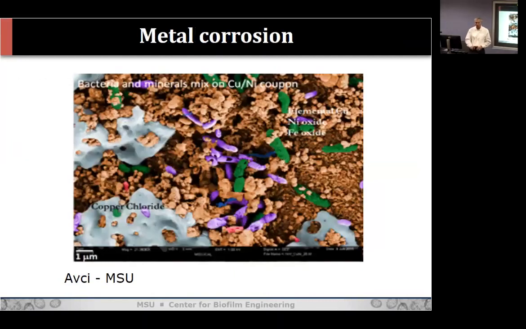as is the problem of microbially influenced corrosion. Here we're looking at the association of microbes with a metal surface. The image I'm showing you here is not a fluorescence or light microscope image. It's a colorized scanning electron micrograph.